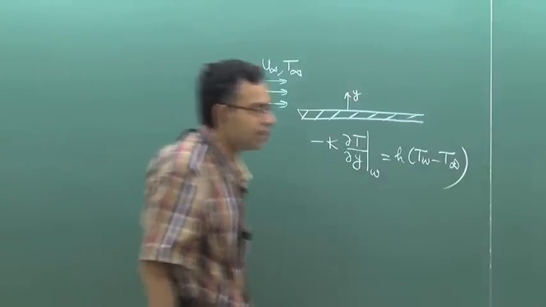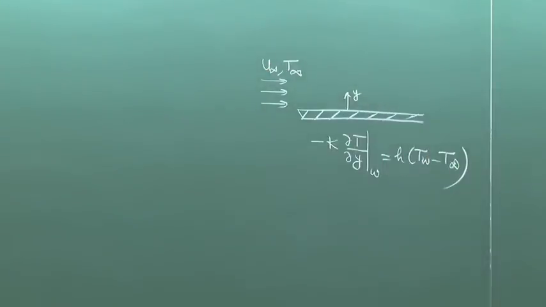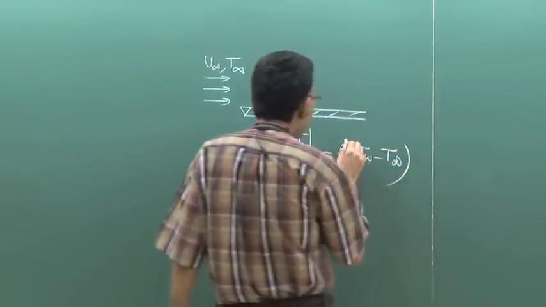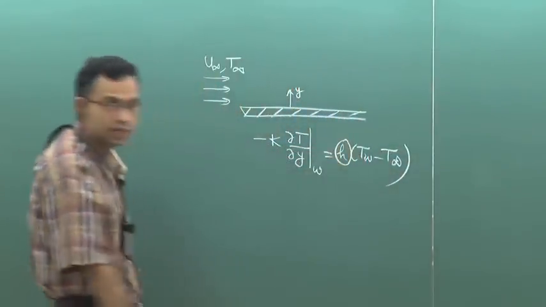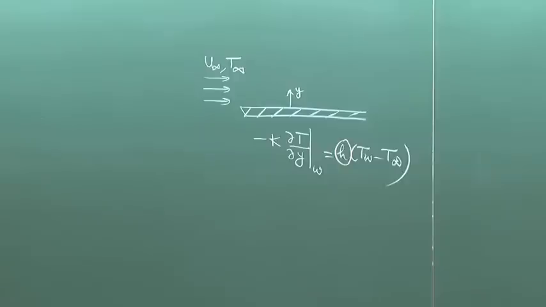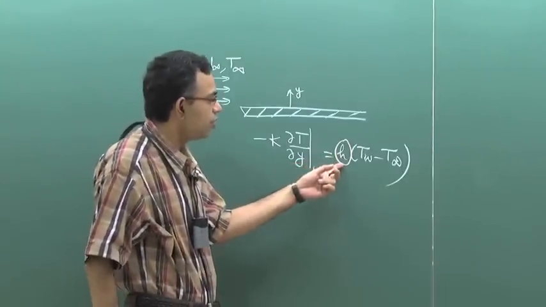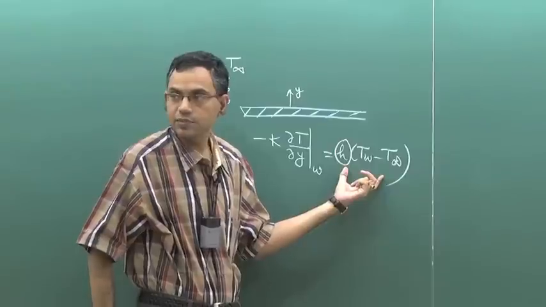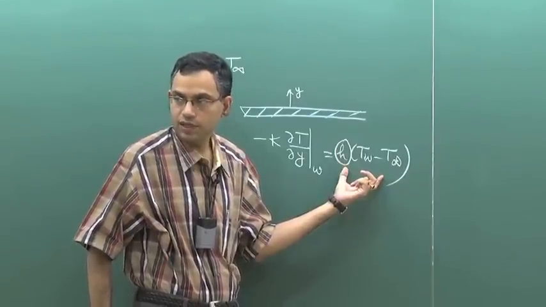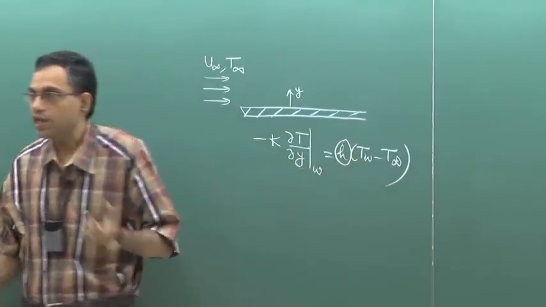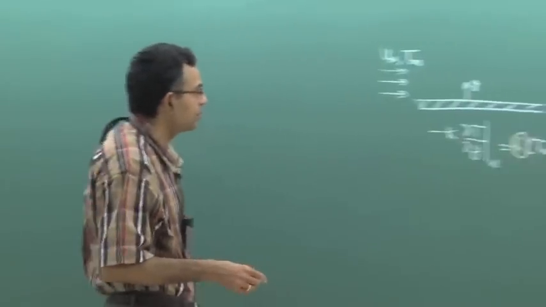Now, in convective heat transfer, we are mainly interested to find out what is H. If we know what is H, then we know the rate at which heat is being transferred at the wall, right? The question is, H will depend on what? What are the parameters on which H will depend?